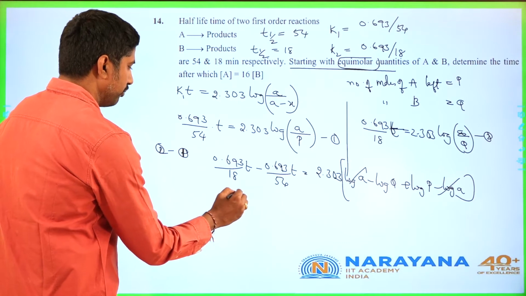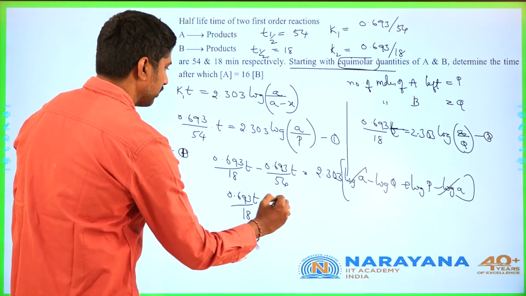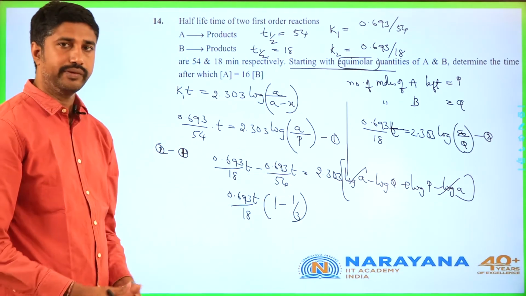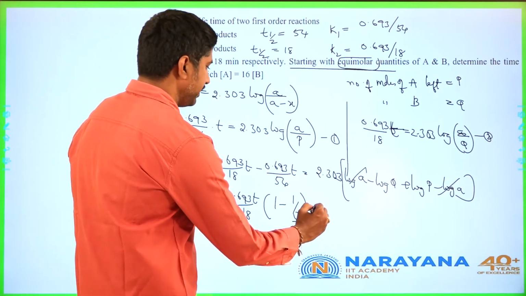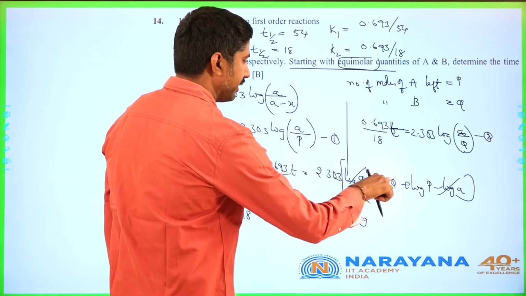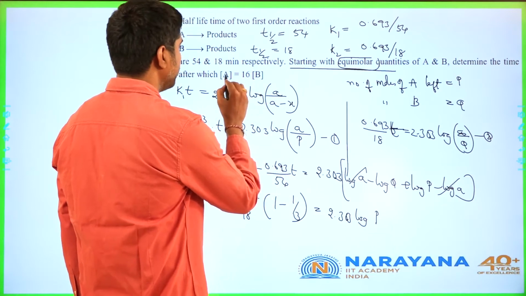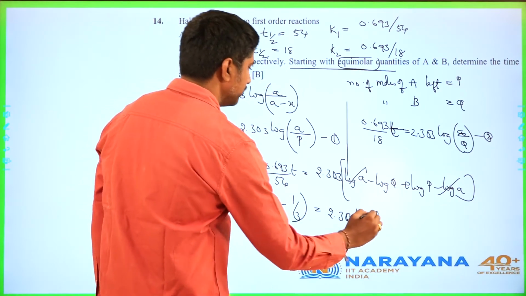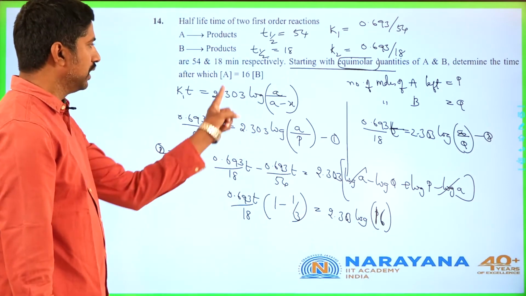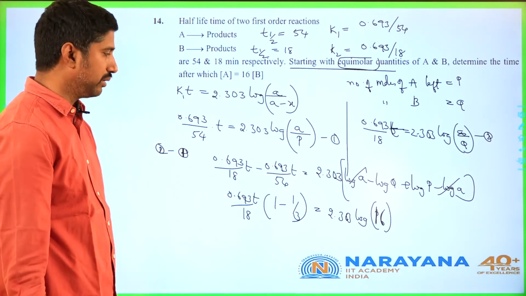In this 0.693 by 18 T, if you take common, we can write 1 minus 1 by 3, because 18 times 3 is 54, which is equal to 2.303 log P by Q. How much was mentioned here? P by Q is equal to 16 directly, because A is 16 times B, P is 16 times Q. We can directly mention that.